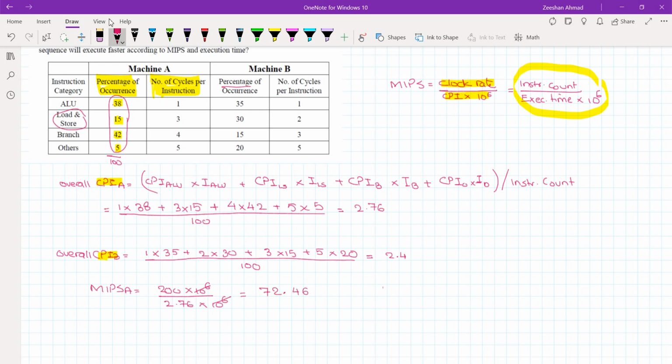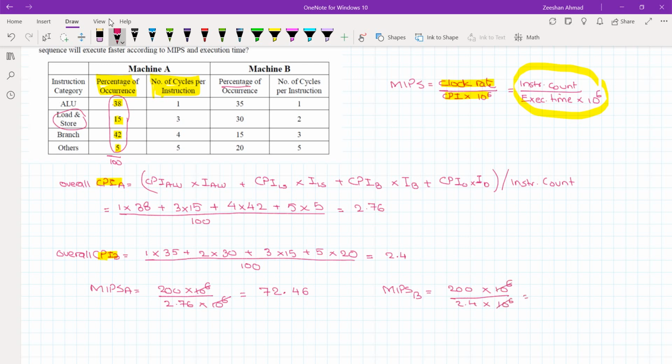Similarly, the millions of instructions per second for machine B is 200 into 10 to the power 6 divided by 2.4 into 10 to the power 6.